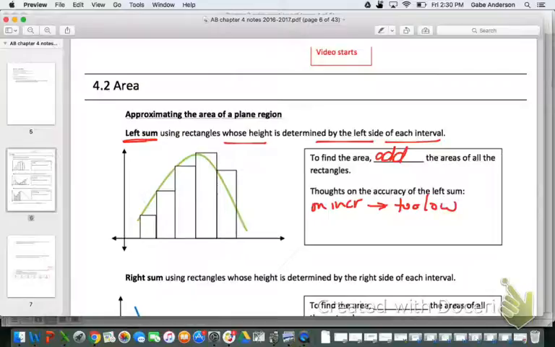And then if you look at the right side over here, you can see that the green graph has now transitioned to a decreasing function, and so you can see that those rectangles are above the graph. So if you have a decreasing function, then a left sum would actually be too high.